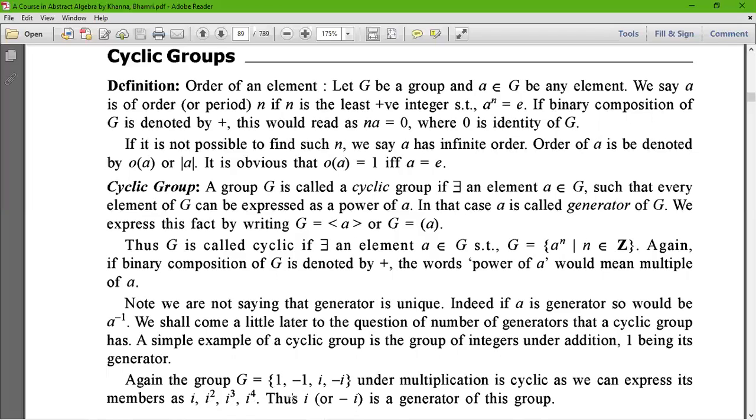That means i is the generator of the group. Or we can also say -i is also a generator of that group.